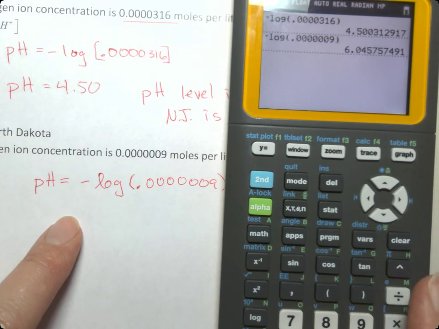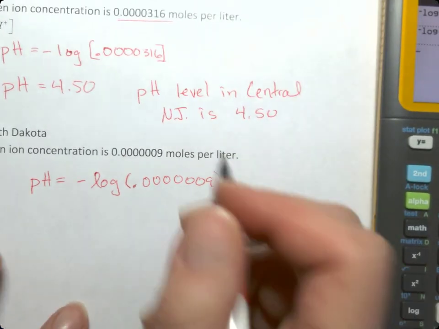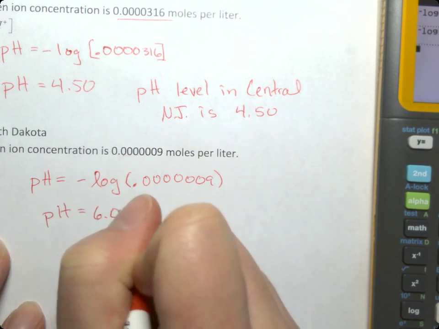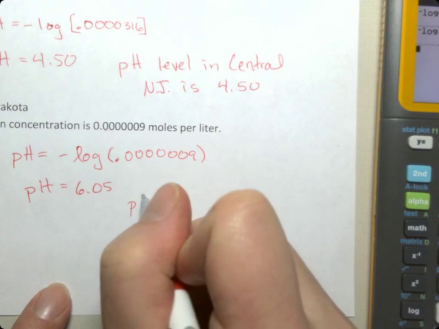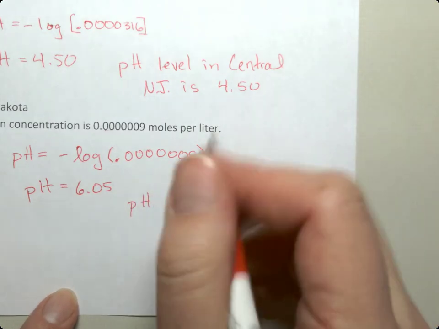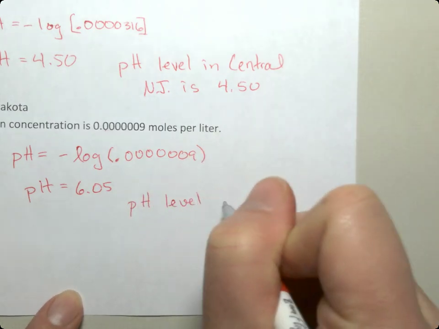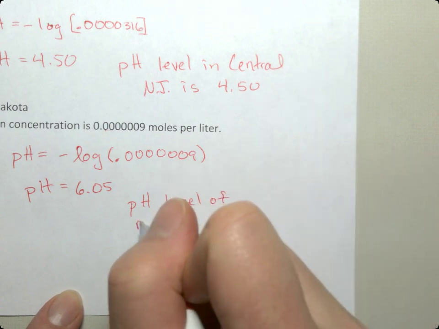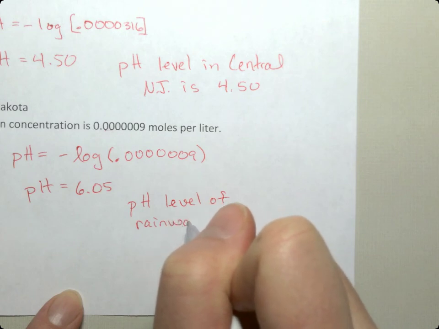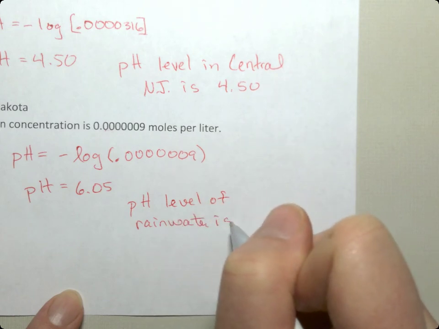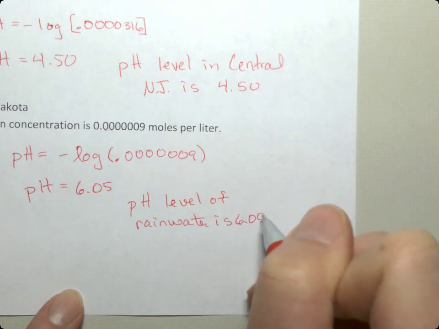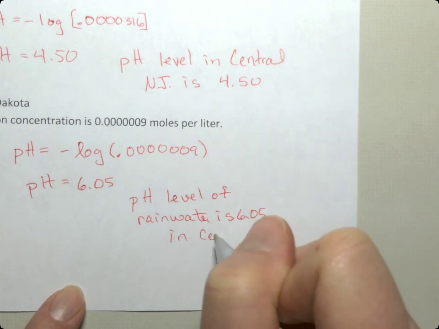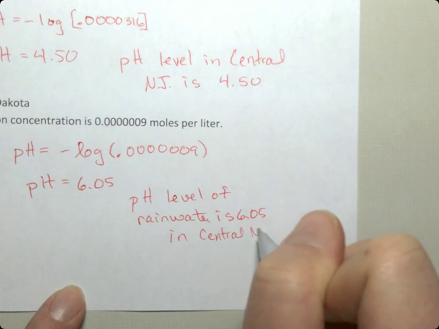And that is 6.05 if we round it. So pH equals 6.05. So we would say the pH level of rainwater in central North Dakota is 6.05.